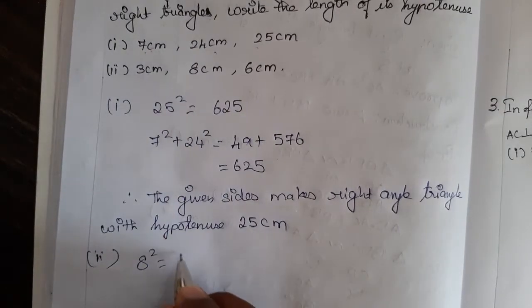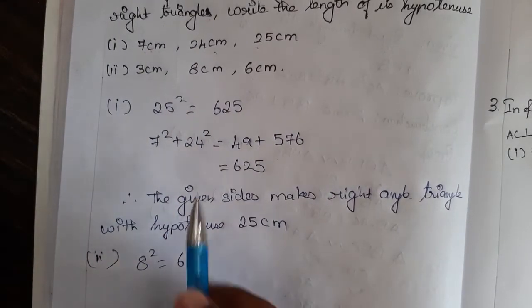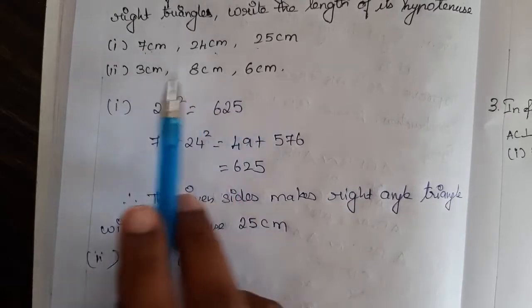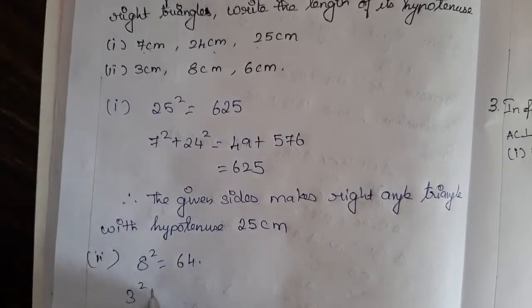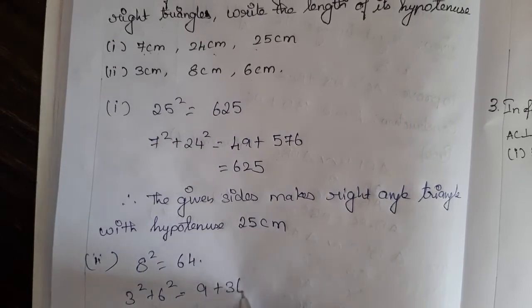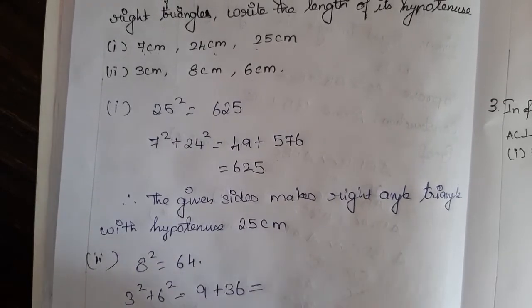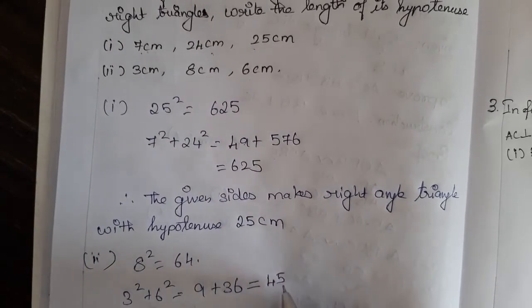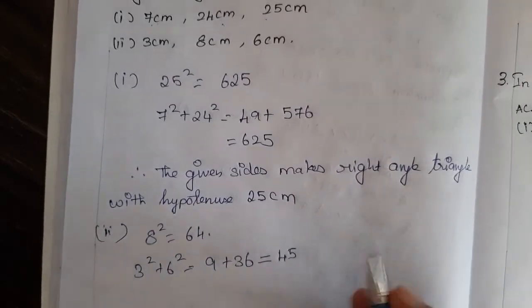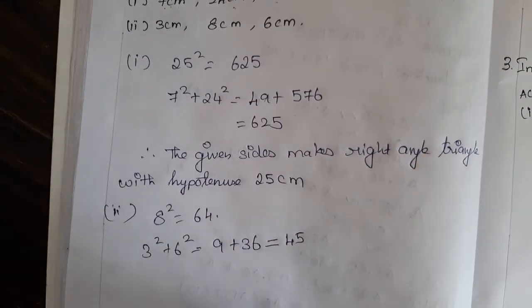So for the second one, the same, which is the longest here? 3, 6, 8, right? So 8 square is equal to 64, and for the balance you have to square and add. 3 square plus 6 square. 3 square is 9, 6 square is 36. So 36 plus 9 is 45, both are not the same.